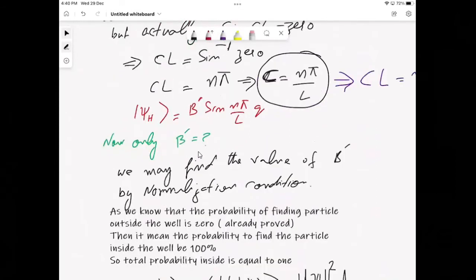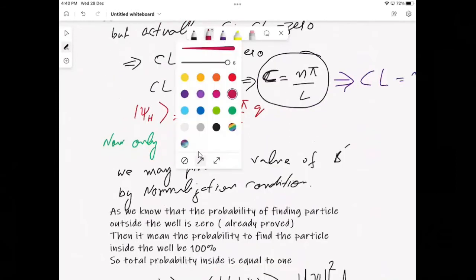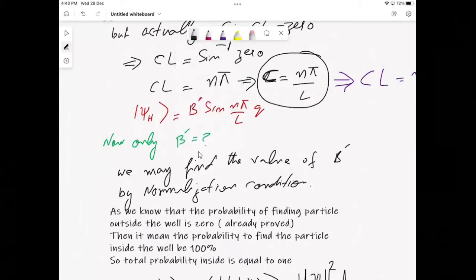We have put the value of b here. This is the value of psi h. We have only put the value of b prime, sine n pi over L q.